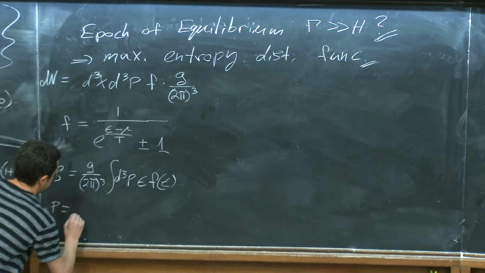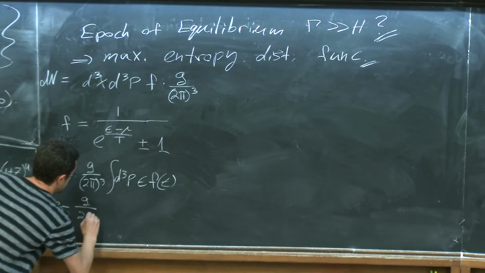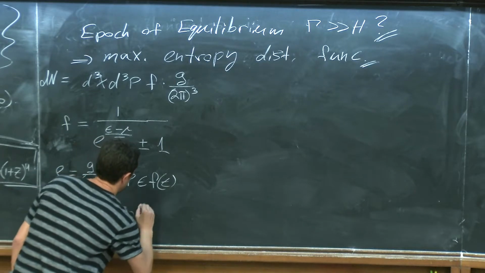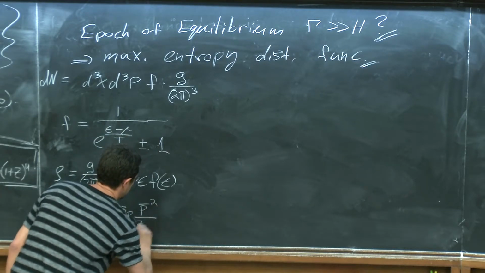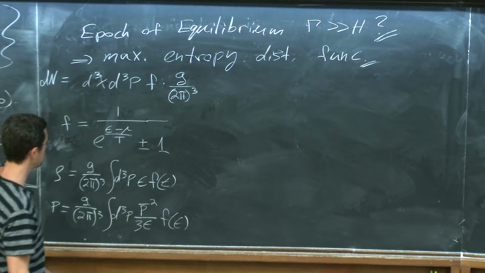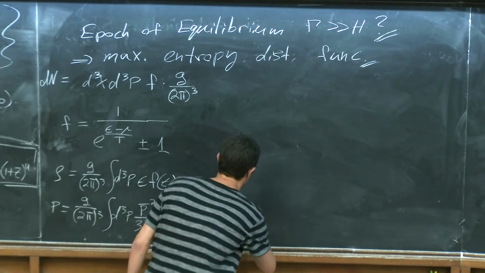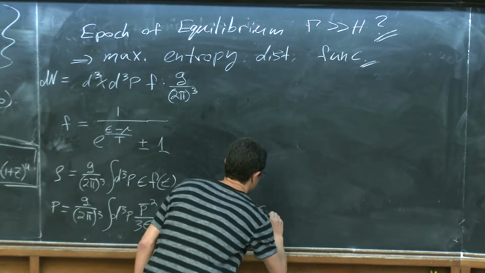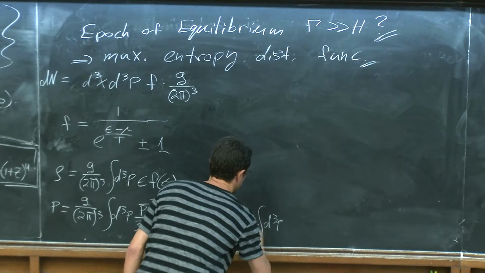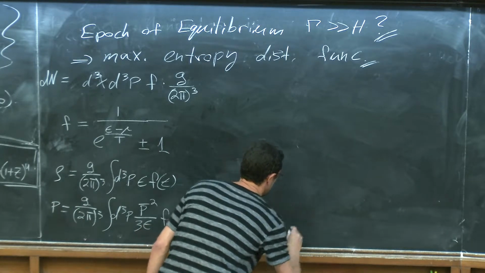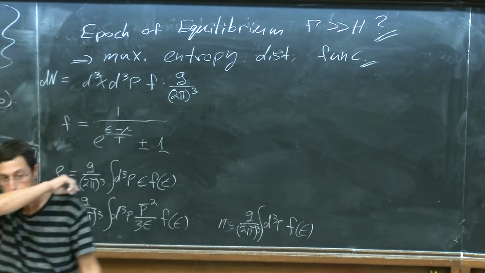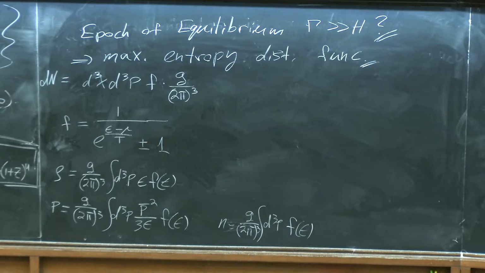And the pressure is similar. We could easily derive it if we had time. And we can also write number densities, which are even simpler: the integral of f of E.